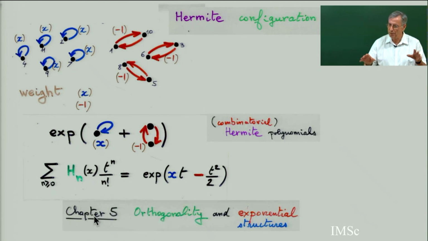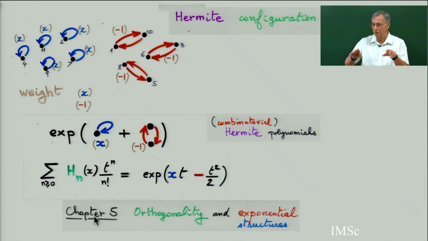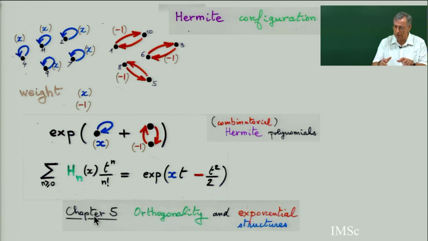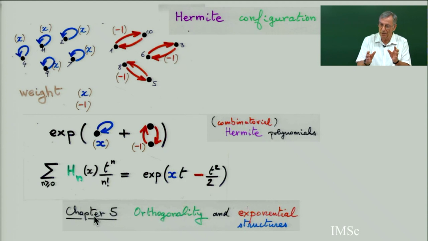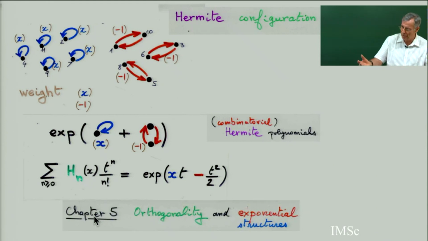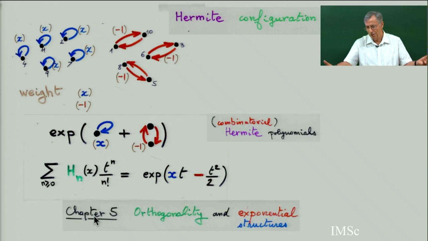There is a strong relationship at this level between orthogonality and exponential structure. This was for the Hermite, for the Laguerre, for the Jacobi, for Charlier. And this was a big confusion at the beginning of the combinatorial theory of orthogonal polynomials, because at the beginning the interpretation of the coefficients was with the exponential function. The interpretation of the moments of the measure is also very close. For example, for the Hermite, we are going to see the moments are involutions with fixed points. So on both sides, there is a certain duality between the polynomials and the moments, the orthogonality.